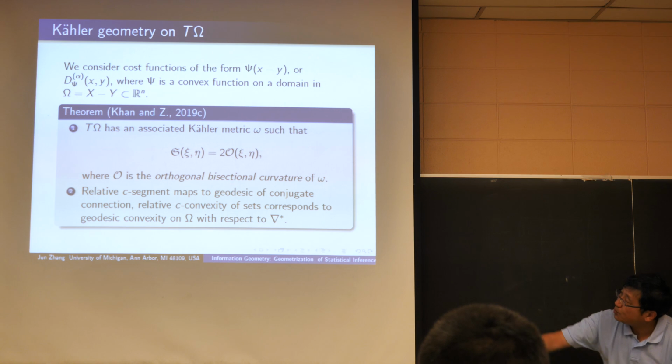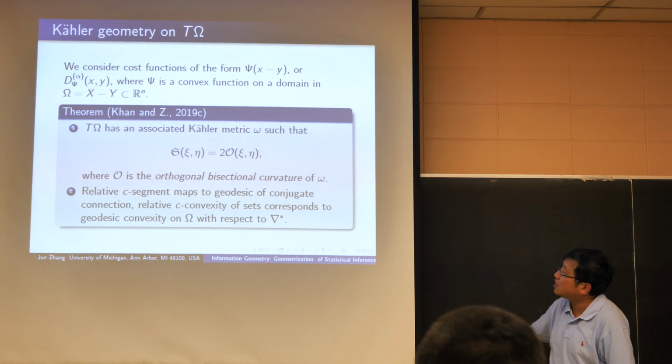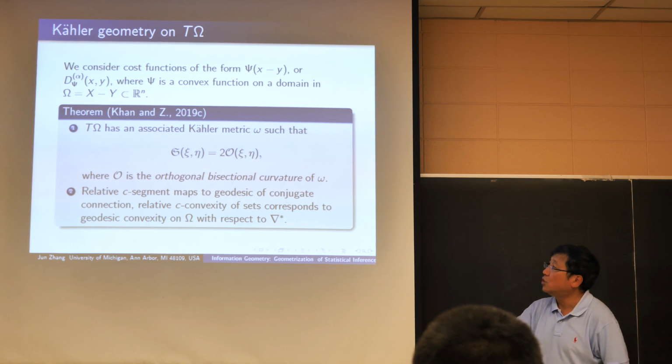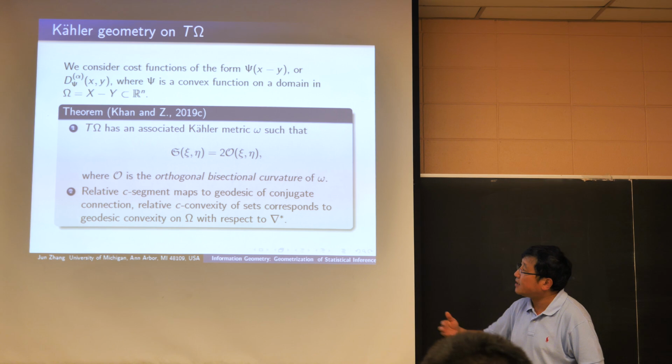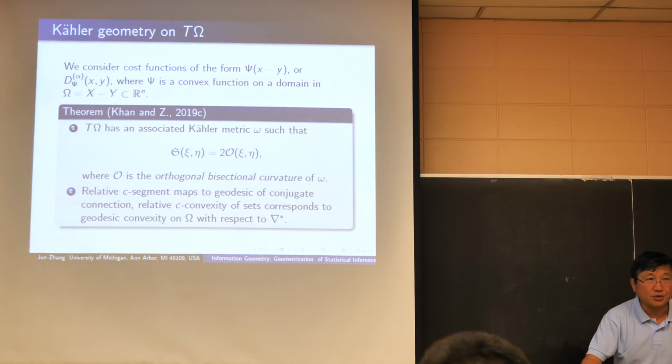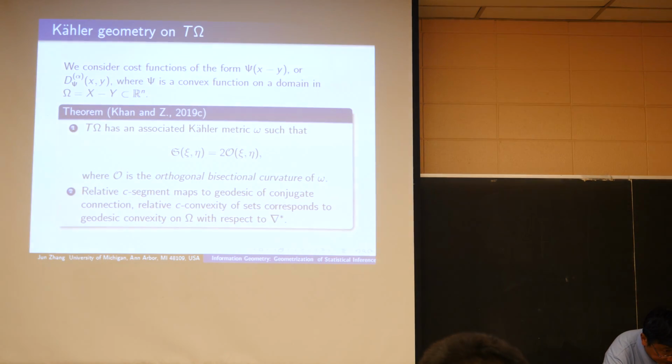We also show that the relative c-segments match the geodesics of the conjugate connection. So relative c-convexity of two sets means geodesic convexity with respect to the conjugate connection. This is where we map a pair of conjugate connections to c-convexity.